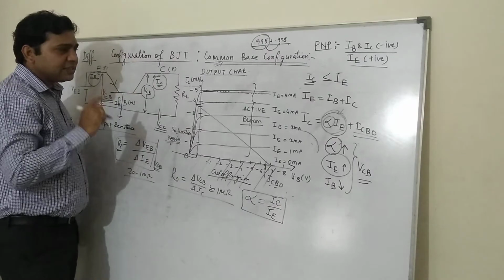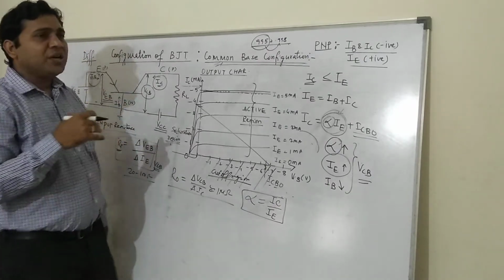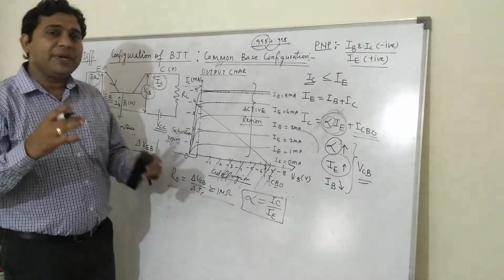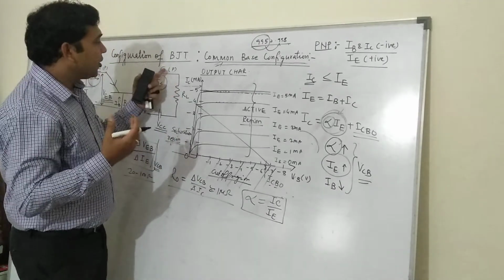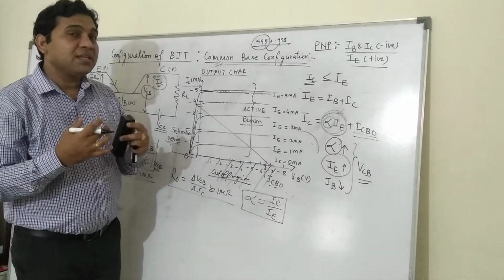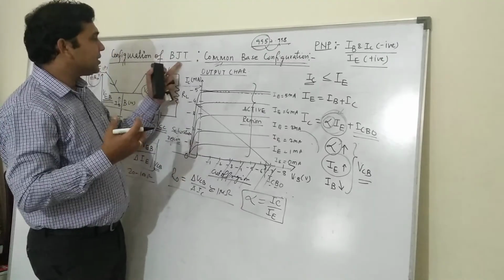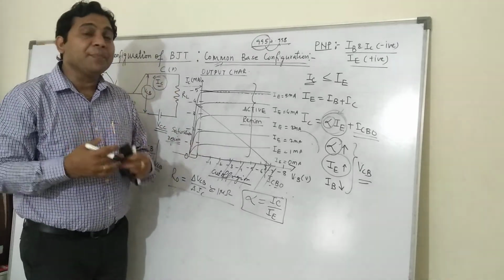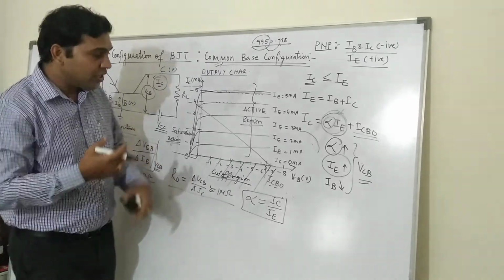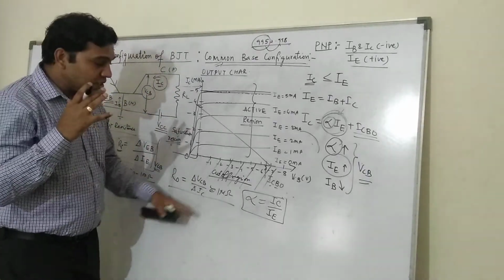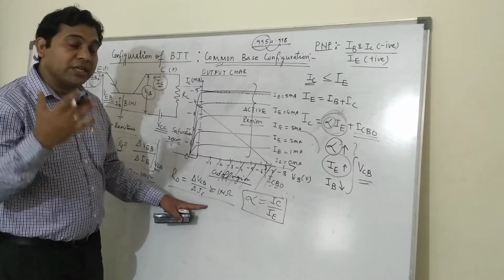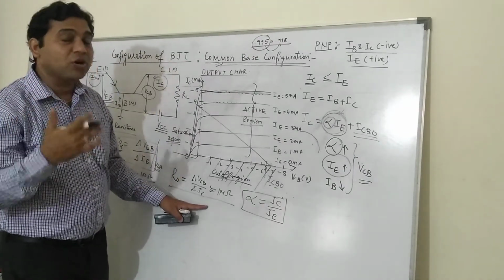These characteristics will definitely help you when you are designing a circuit using a BJT. Suppose in the future you are designing an amplifier circuit. You need to have some concepts: do you want the current gain high or low?